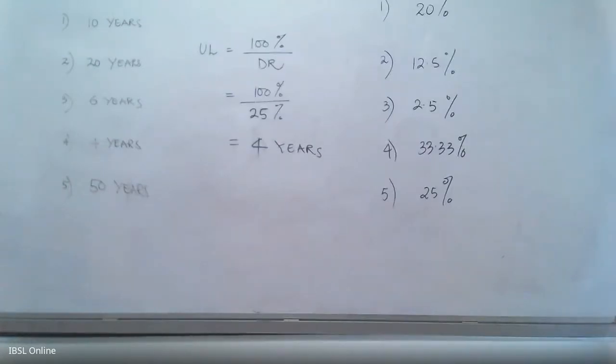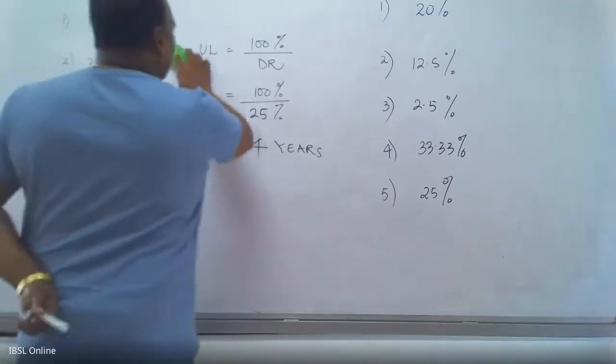Okay, calculation of the useful life and the depreciation rate when you are given the useful life. So what is actually happening here?